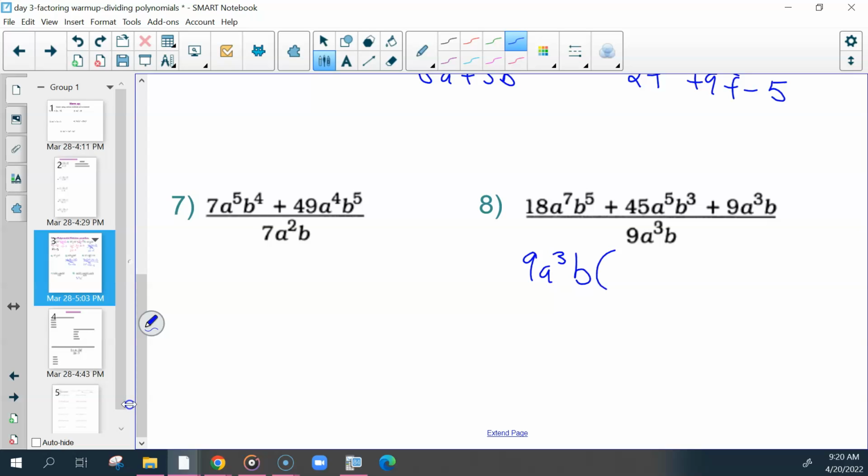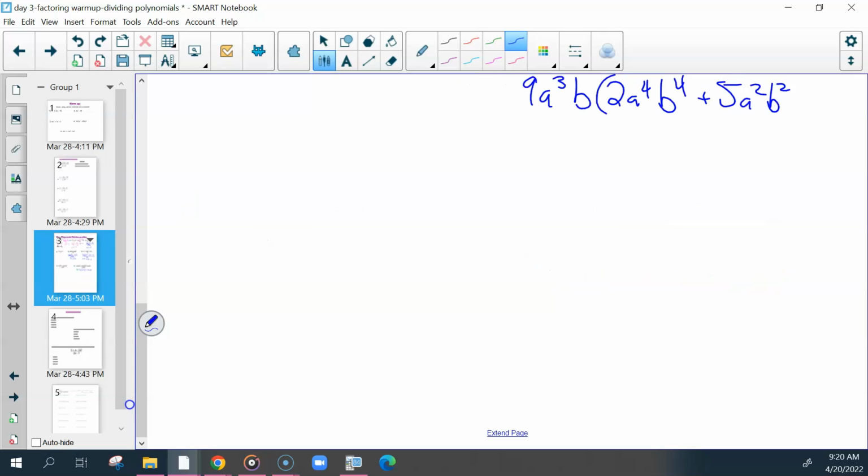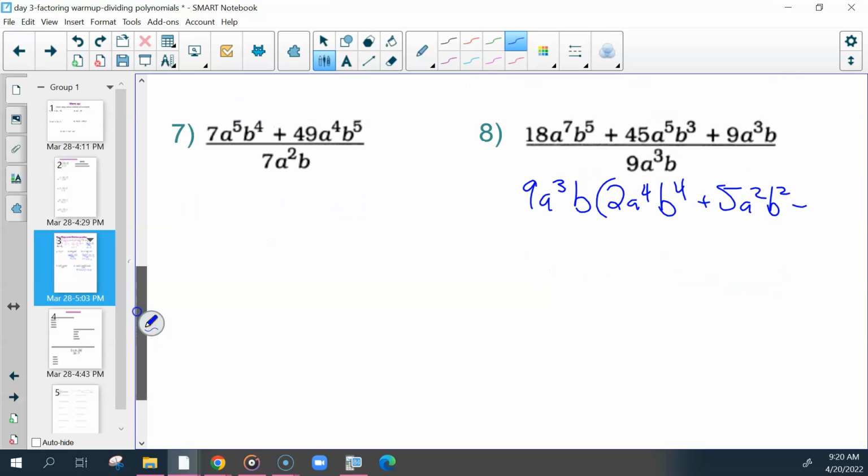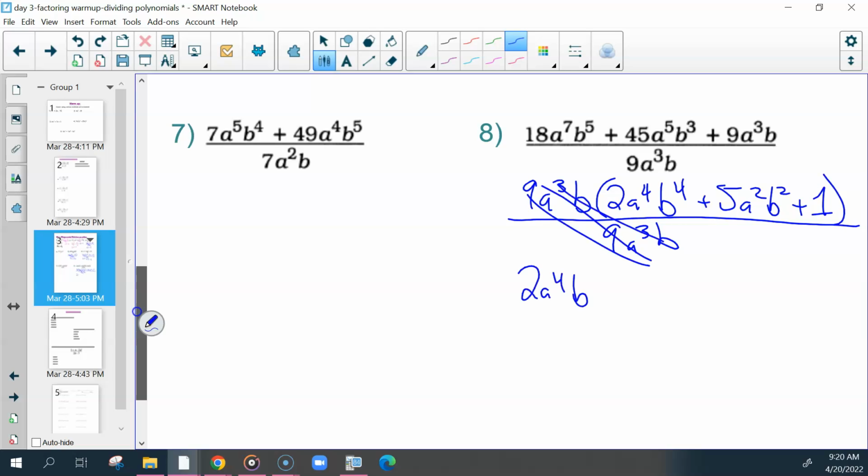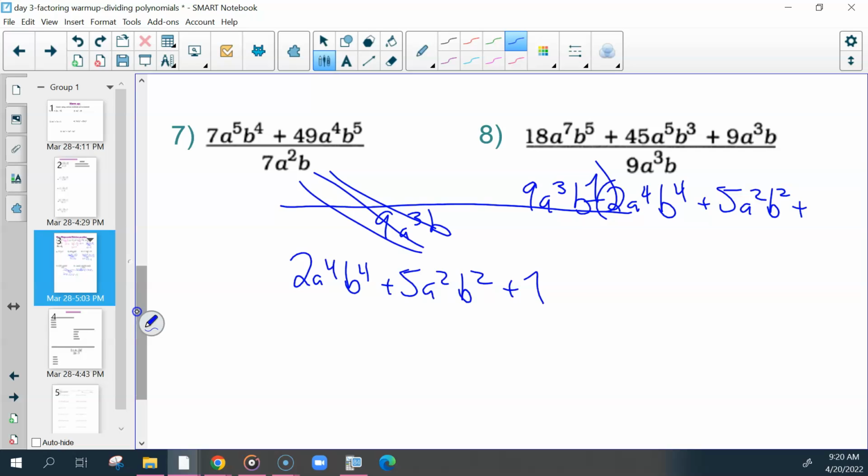If we divide out each of those by 9a to the third b, what's left? 2a to the 4th, b to the 4th, plus 5a squared b squared, and plus just 1, yes. All of those will cancel, leaving just 2a to the 4th b to the 4th, plus 5a squared b squared, plus 1.